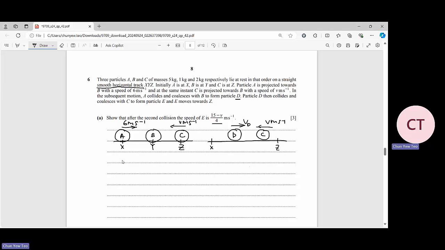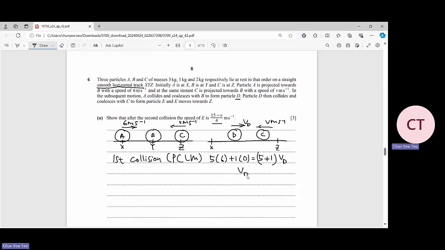Now what we can do is use conservation of momentum. For the first collision, that means the collision between A and B, by considering the principle of conservation of linear momentum, we have mA uA plus mB uB equals (mA plus mB) vD.